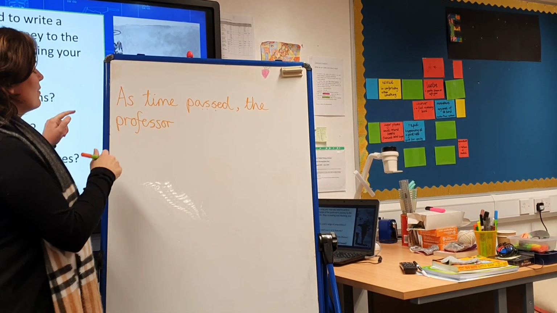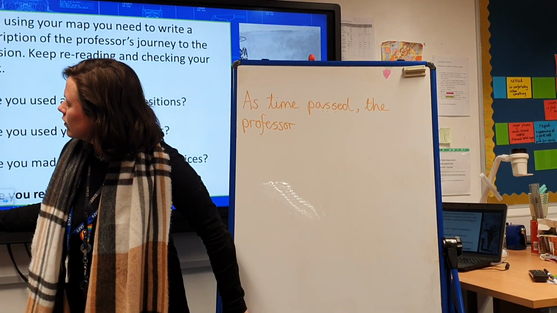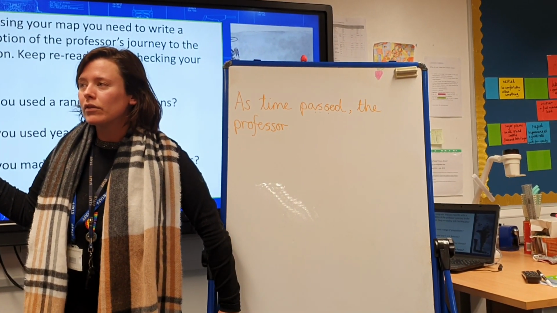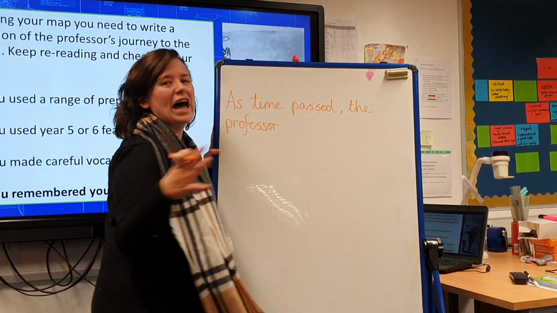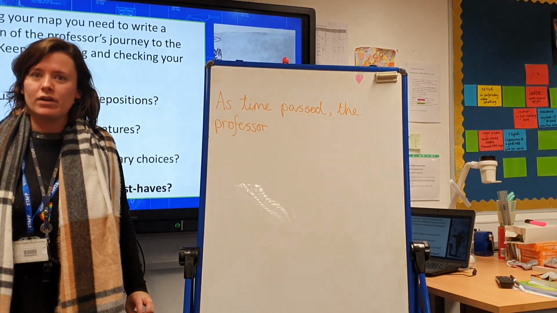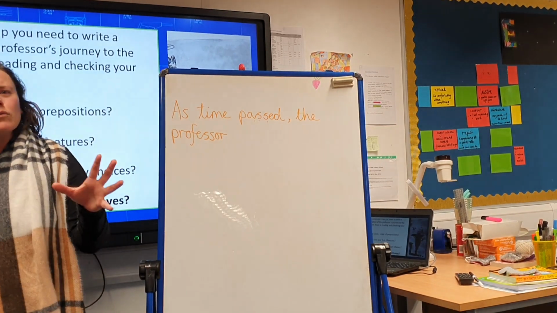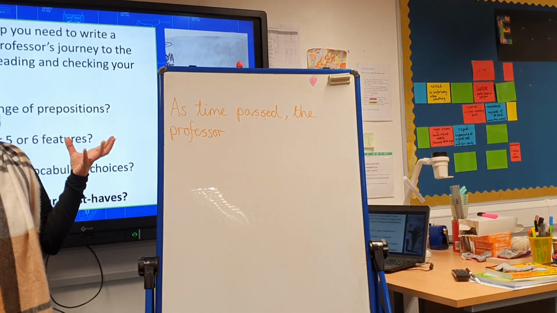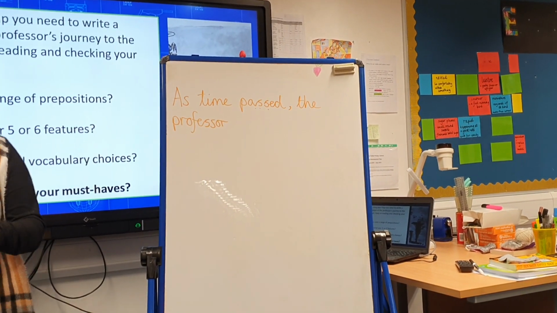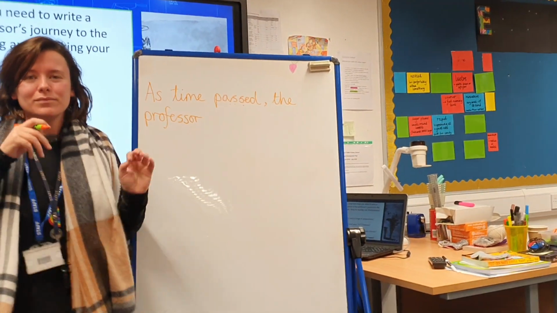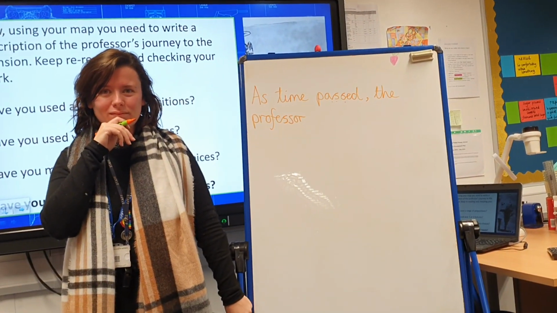I'm very impressed. As time passes, the professor realised or saw the town disappearing. Noticed. Ooh, trying to think of those really. That he could no longer see the familiar sights of his hometown.